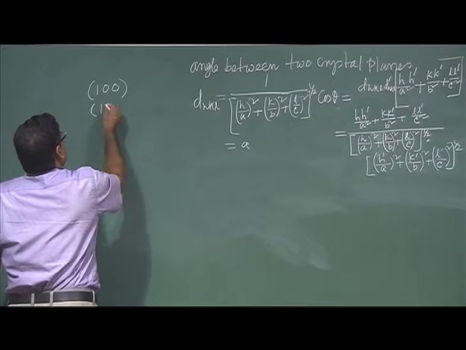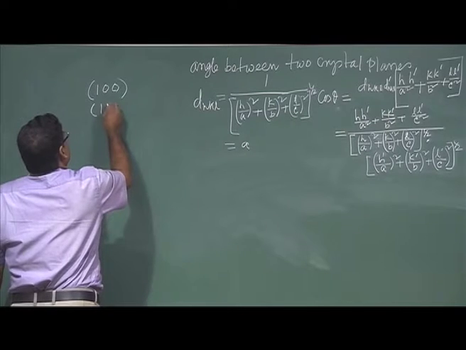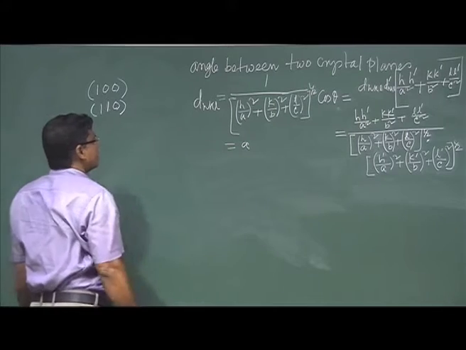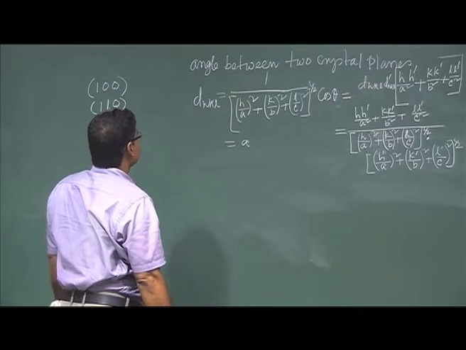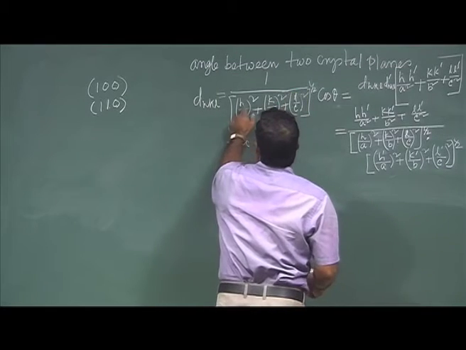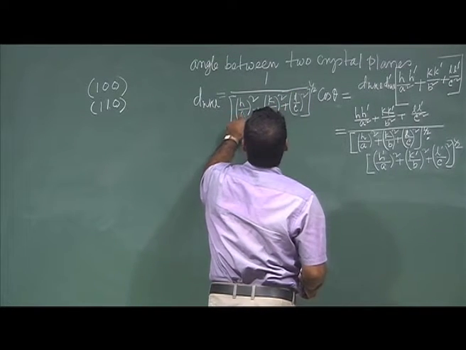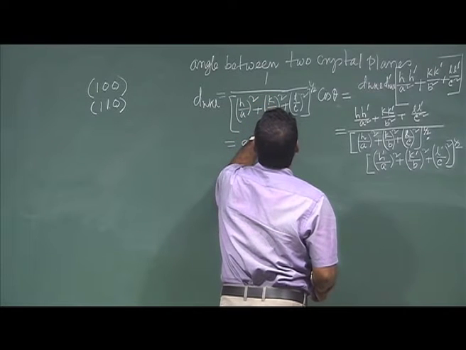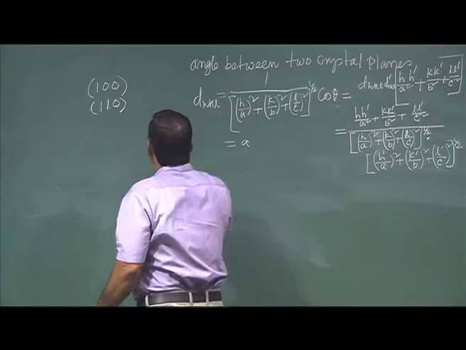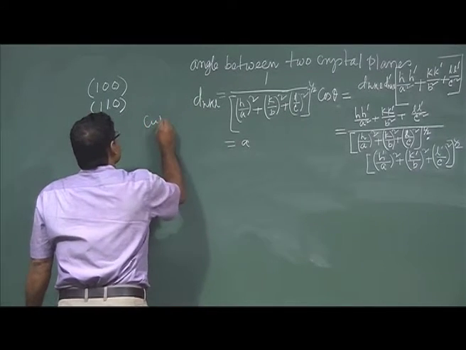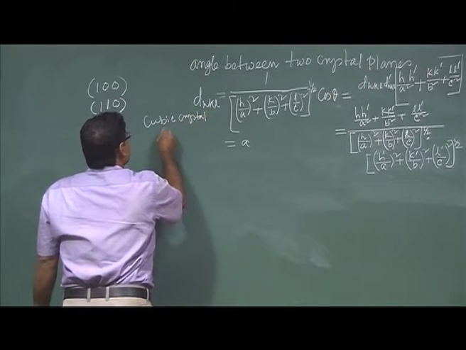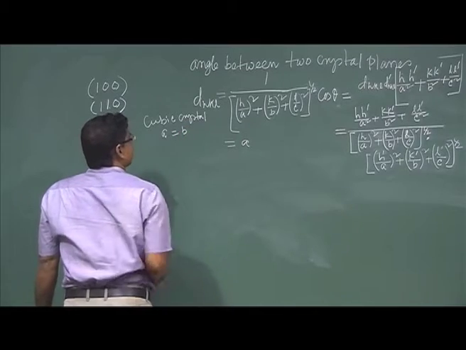And say 1 1 0, what will be the value? This will be 0, this 1 by a square plus 1 by b square, right. Now, in case of a cubic crystal, a equals b, right.